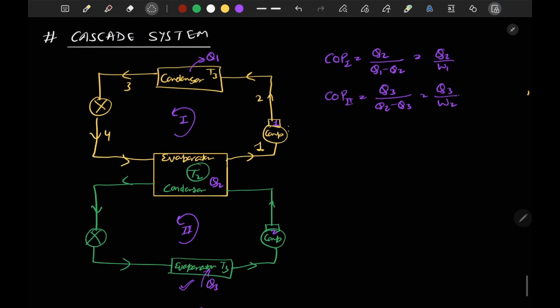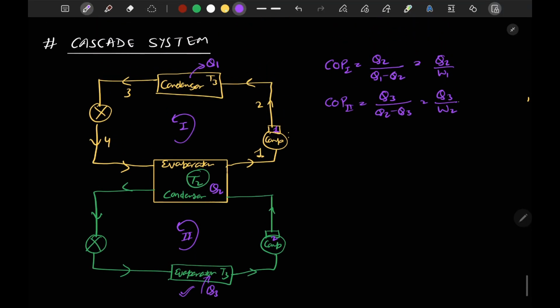So from this COP1 equation we can write Q2 is equal to COP1 times Q1 minus COP1 times Q2.